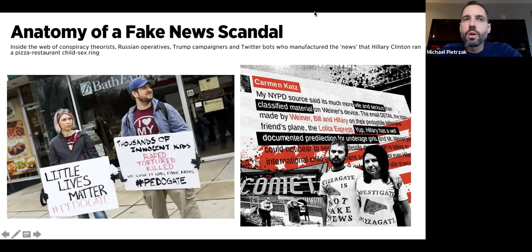So, if you recall, in the lead up to the 2016 American election, there was this claim made that there was a child pedophilia ring being run out of a pizza parlor in Washington, D.C., right? This scandal was called Pizzagate.